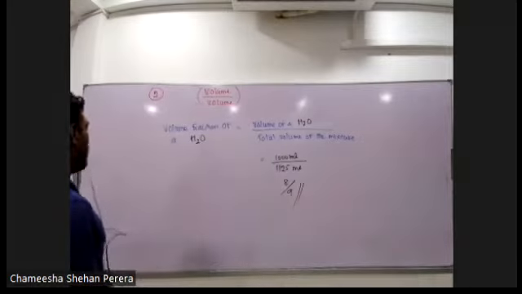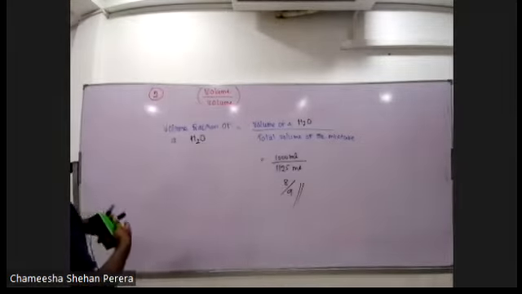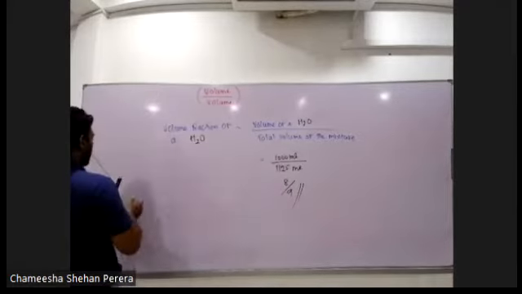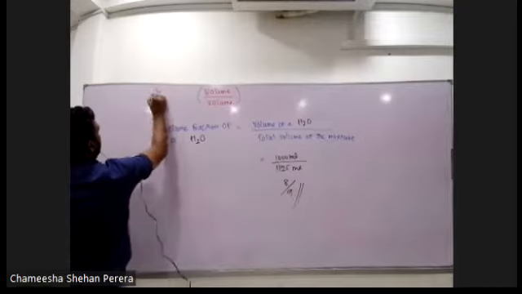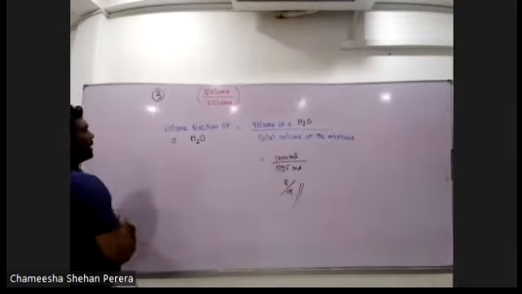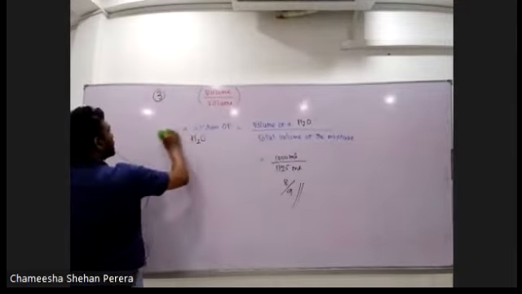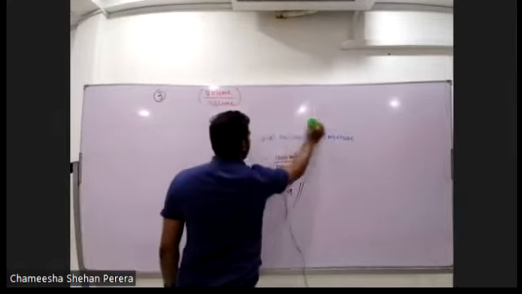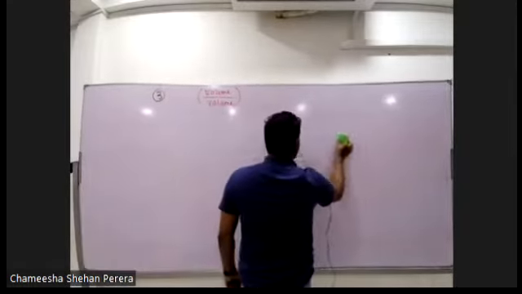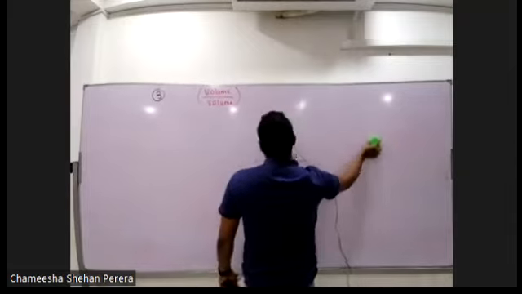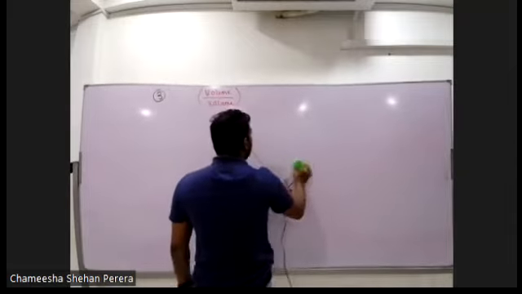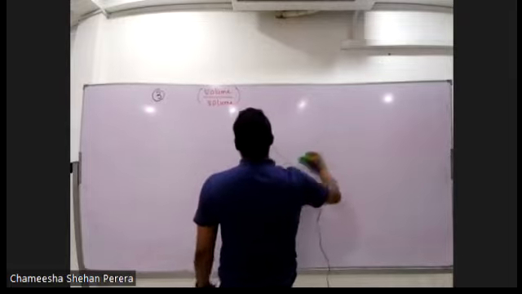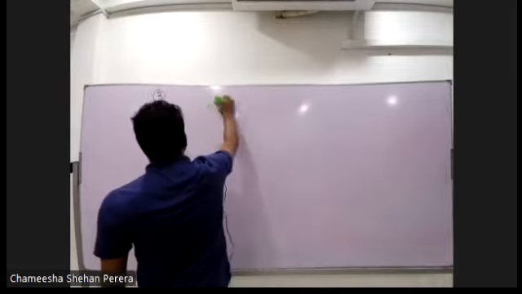Okay, the third method of indicating the composition of a mixture. Write down the heading: third method, expressing the composition of a mixture in terms of mole fraction.